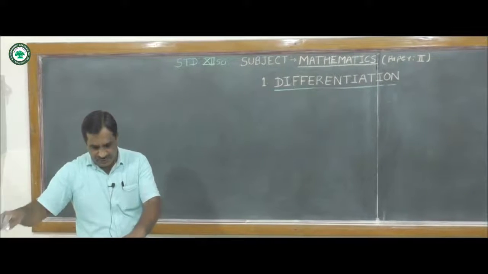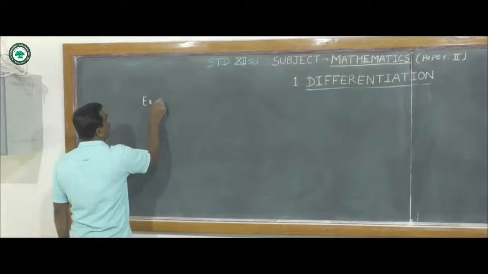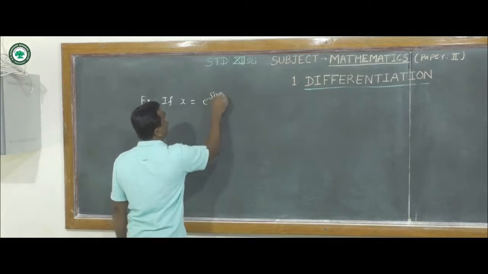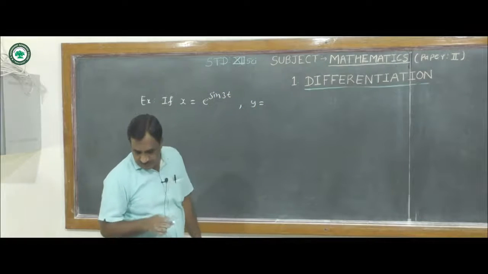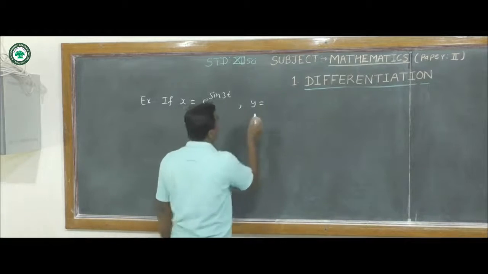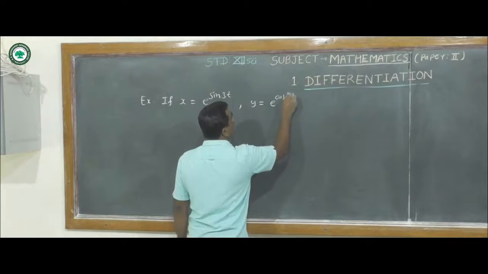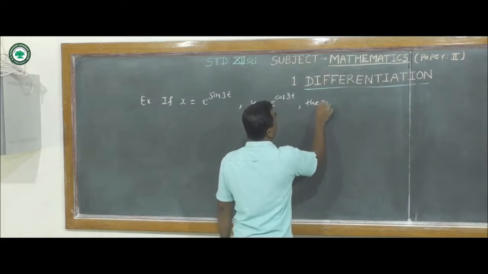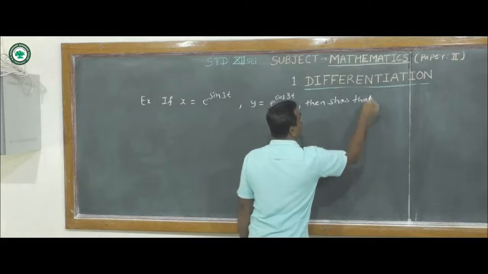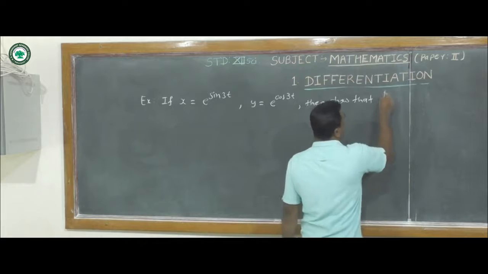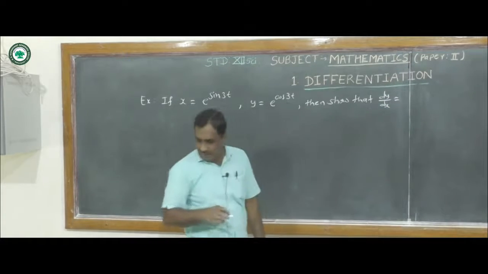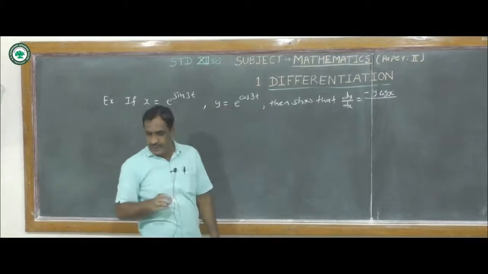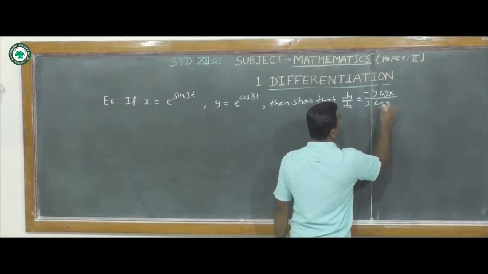Now the next example is: if x equals e raised to sin 3t and y is equal to e raised to cos 3t, then show that dy by dx is equal to minus y into log x upon x into log y.